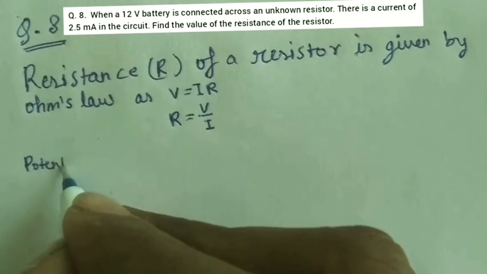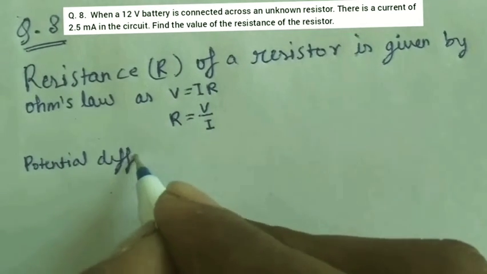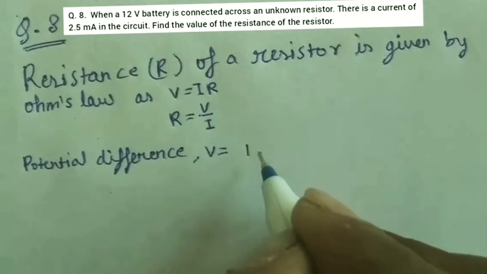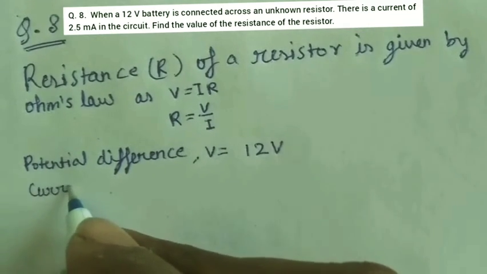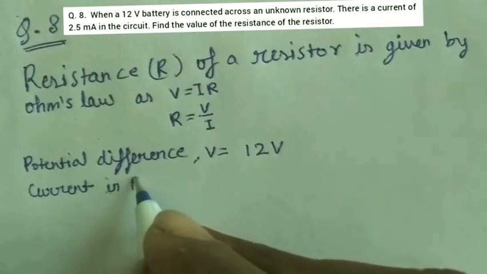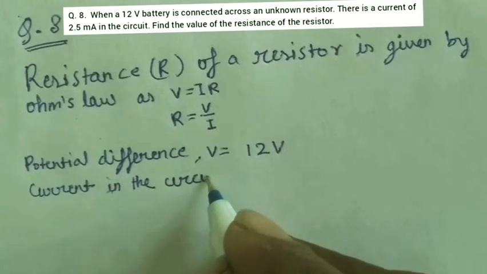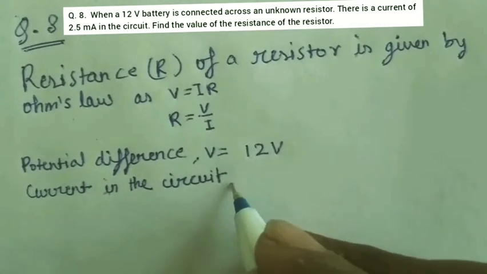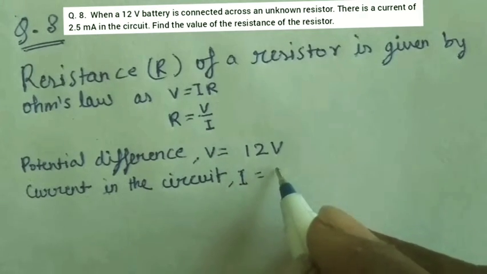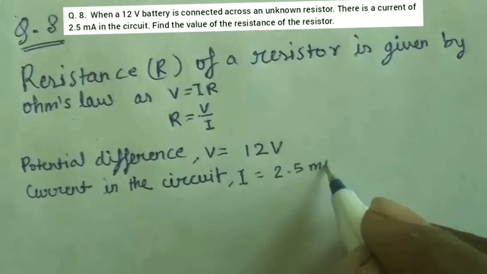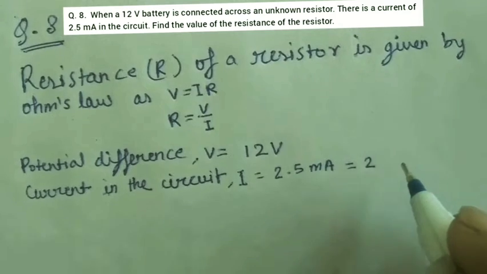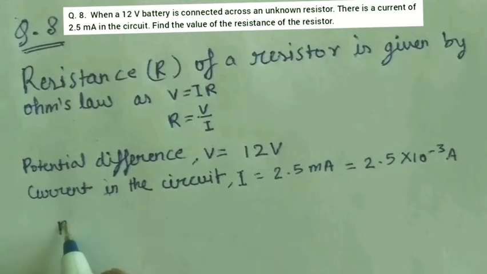Potential difference V is equal to 12 volt. Current in the circuit I is equal to 2.5 milliampere is equal to 2.5 into 10 to the power minus 3 ampere.